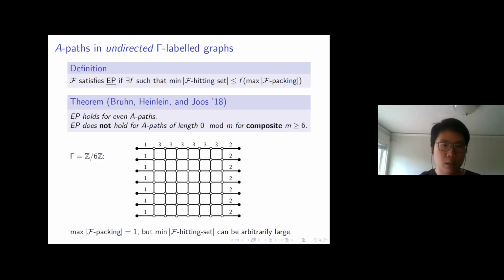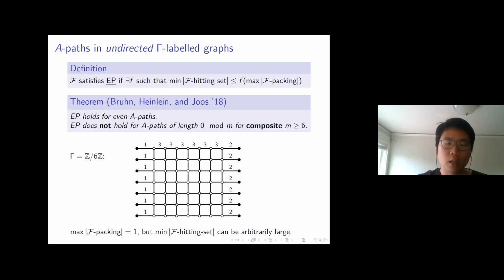So here is the construction that shows that the Erdős–Pósa property fails. If you look at integers mod 6, take a very large grid, and the vertices in A are the two columns of vertices on the left and the right side. And all the unlabeled edges are 0.